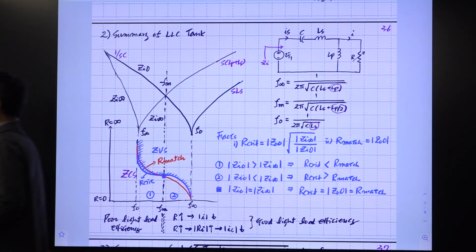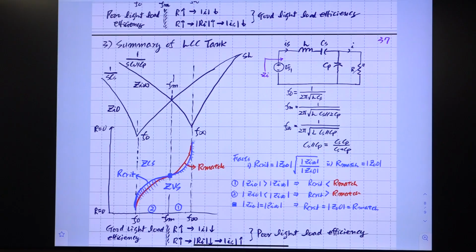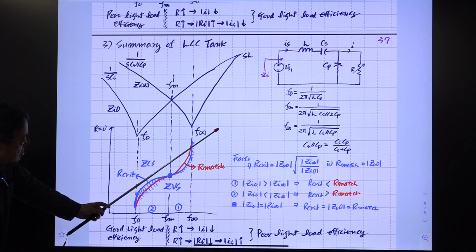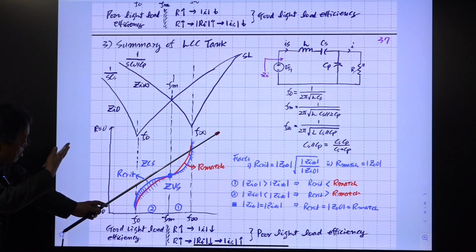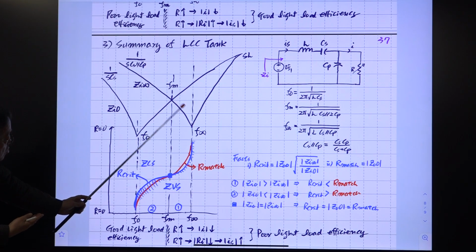And the other case, for the LCC converter, everything is opposite, right? Because this structure is opposite. So this is the line of GBS. Below this lower R, this operates in GBS. For larger R, it operates with GCS.